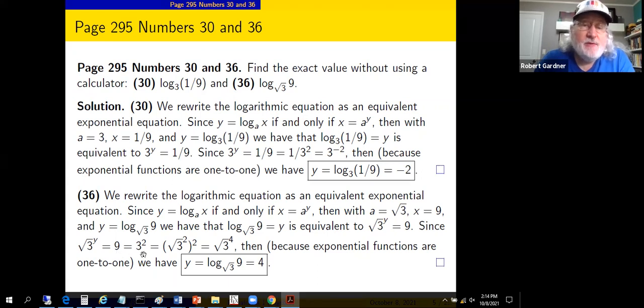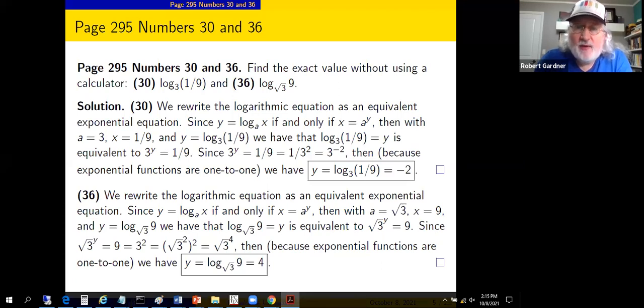9 is 3 squared. 3 itself is the square root of 3 squared. So we get the square root of 3 squared, or square root of 3 to the 4th power. So we've taken the 9 and manipulated it until we've written it as a power of the square root of 3. Now that we have square root of 3 to the y power equals square root of 3 to the 4 power, we must have y equals 4, by the one-to-oneness of the exponential function.